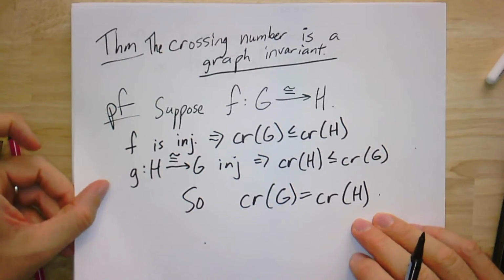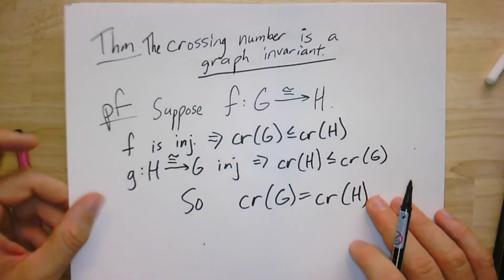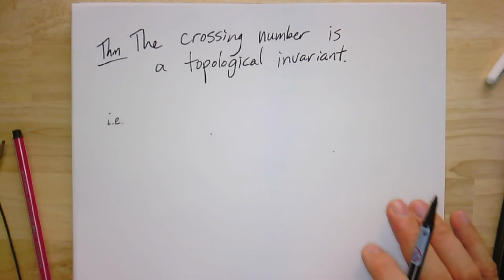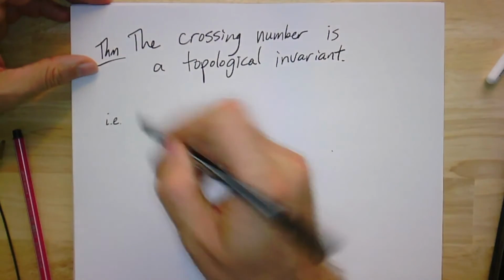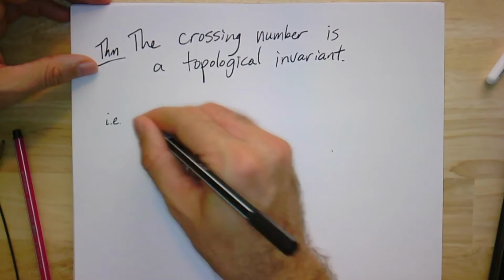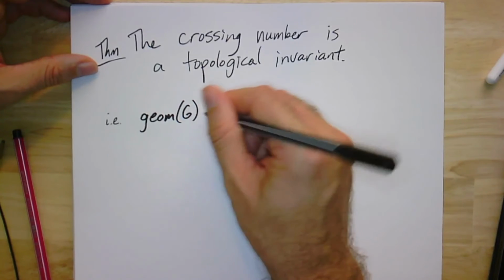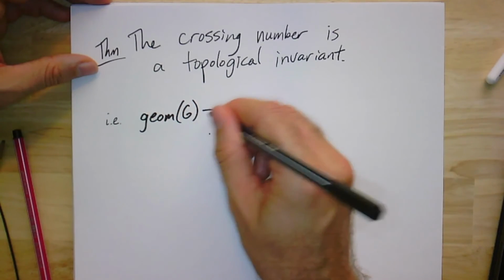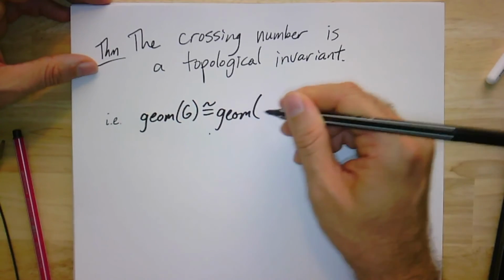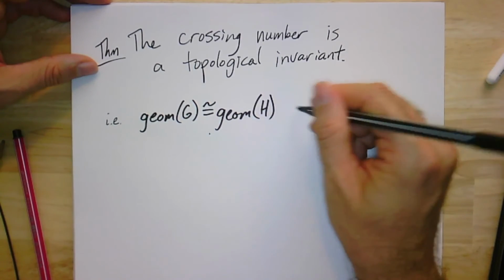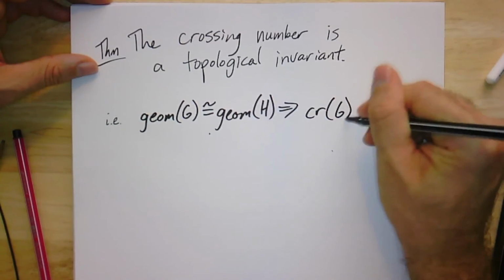Now something even a little stronger than this is true. So this crossing number is not just a graph invariant, it's also a topological invariant. And that means for graphs, if the geometric realization of G is just homeomorphic to some geometric realization of some other graph, then that also implies that their crossing numbers are the same.